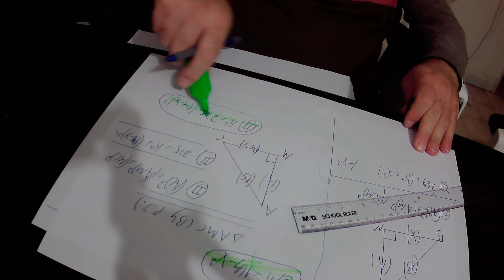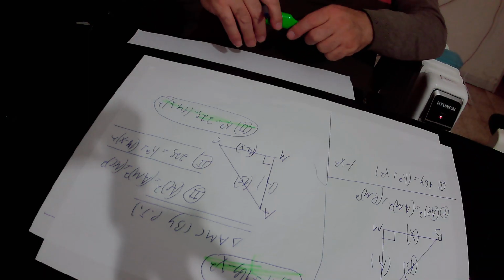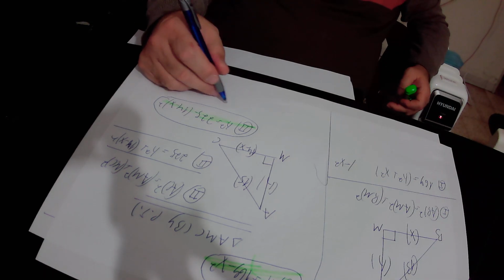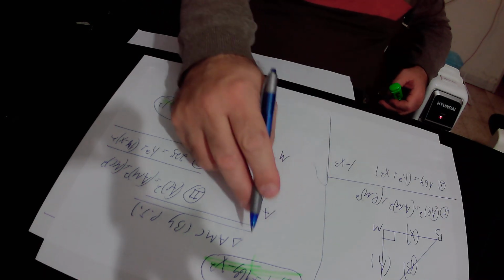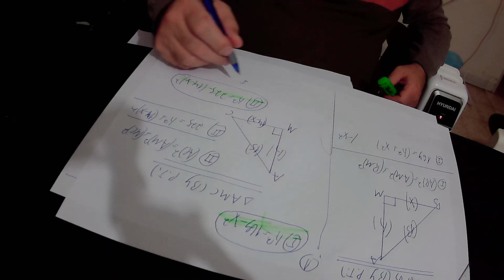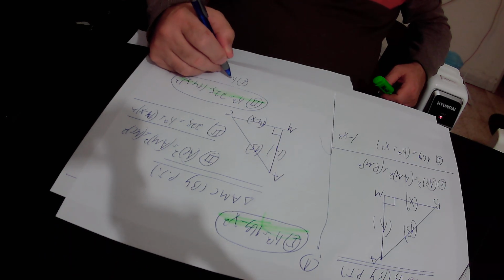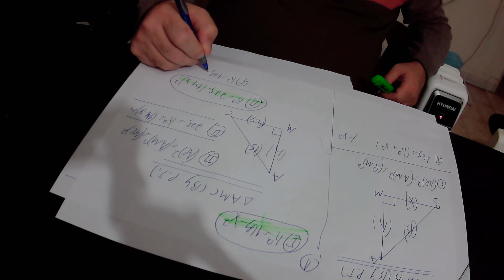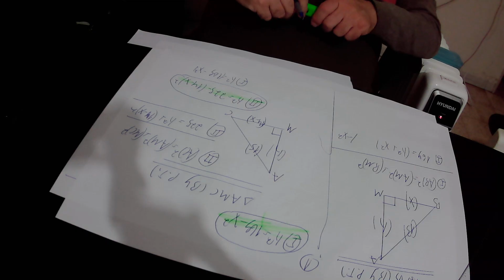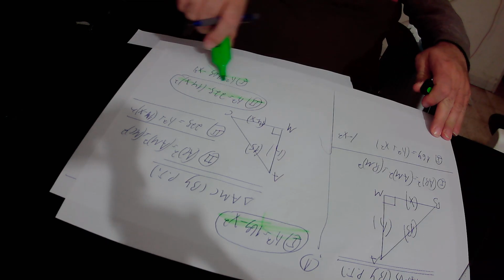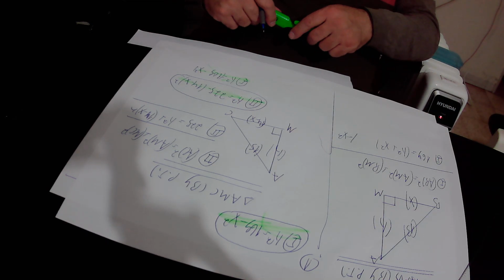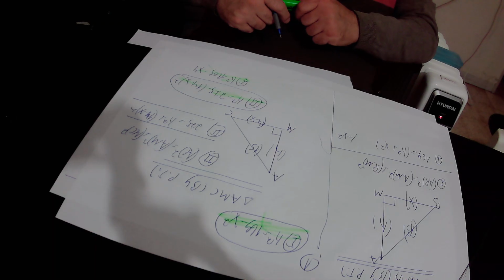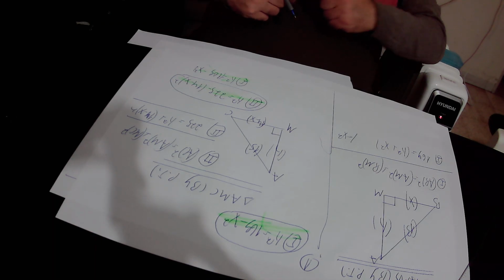But according to equation number 1, we have already found out that H square equals 169 minus X square. So we have two different equations for H square.